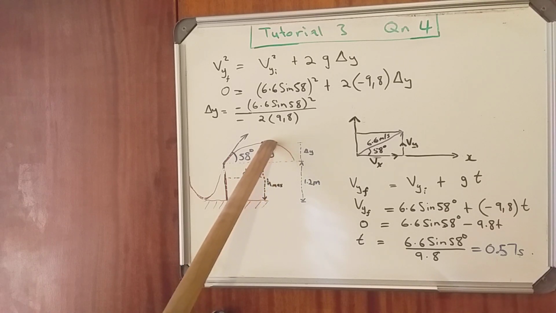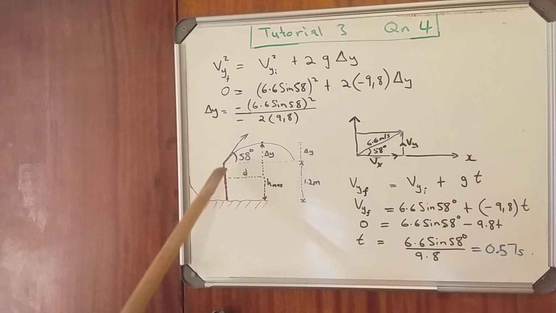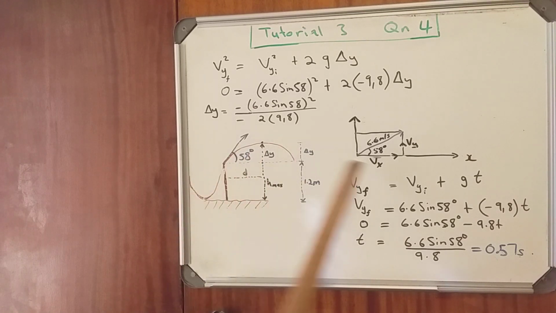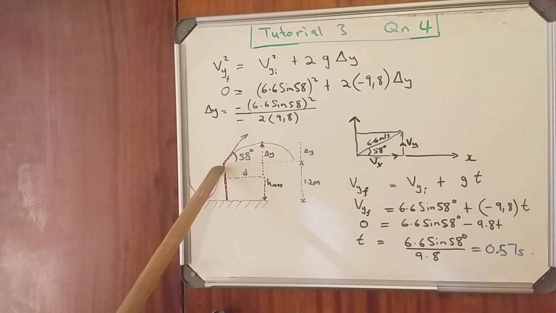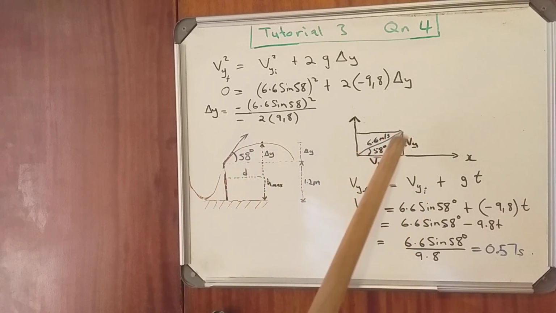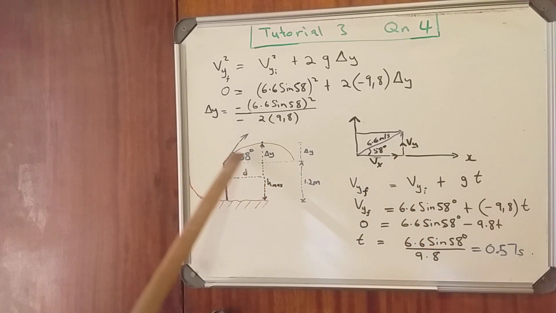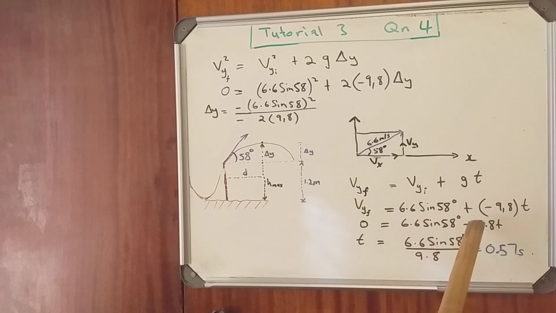To calculate the change in y from there to there, we had an initial velocity in the y, which is 6.6, the initial speed, sin 58 degrees, the angle from the horizontal, plus g multiplied by time.